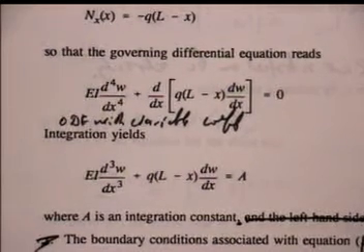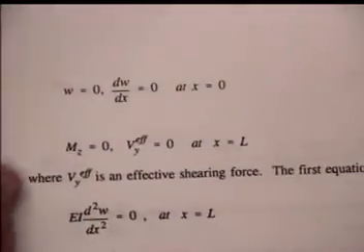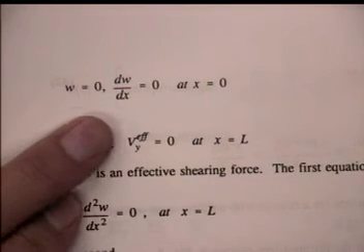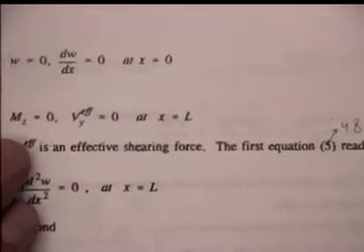Now, boundary conditions are at the clamped end, when x equals 0: w equals 0, dw/dx equals 0.